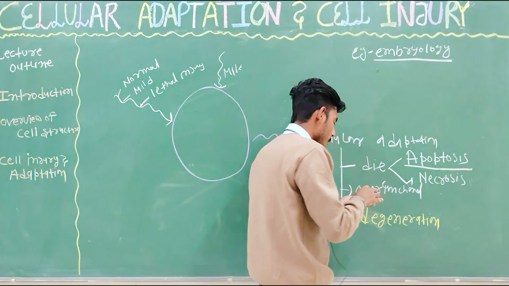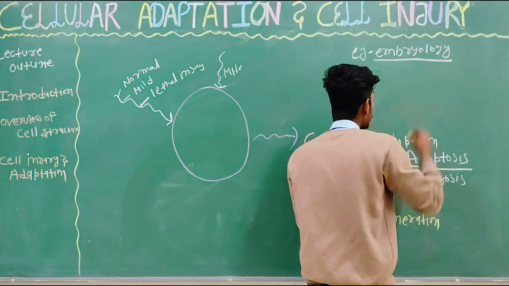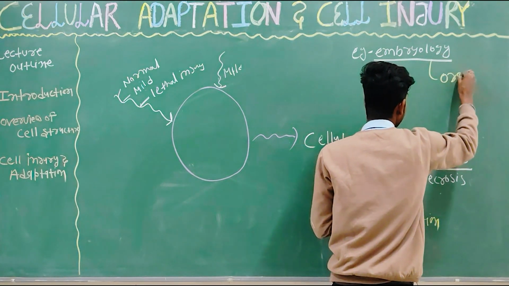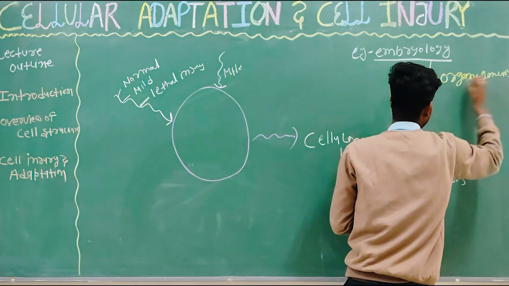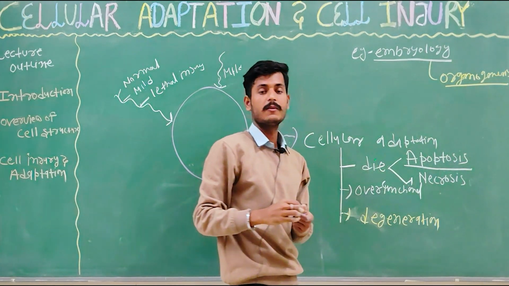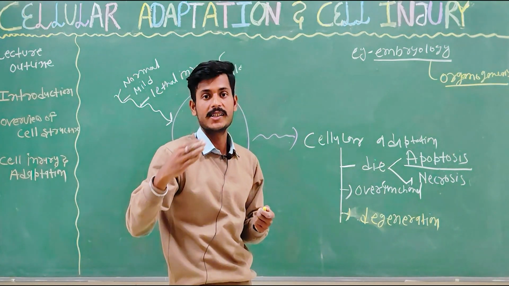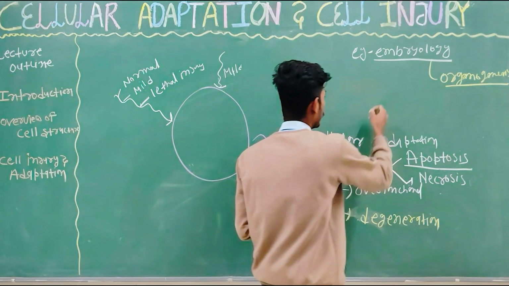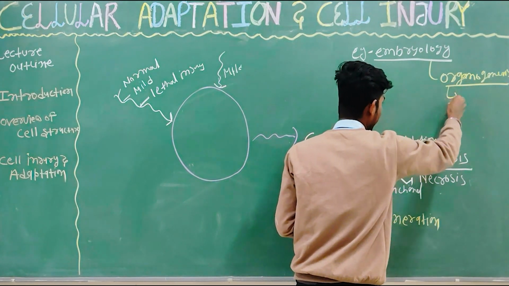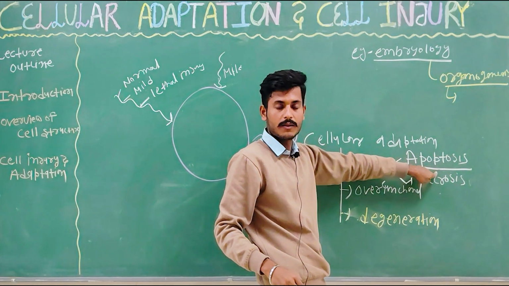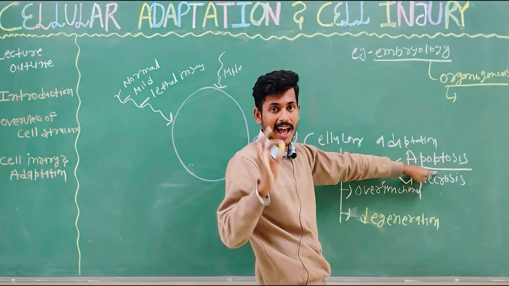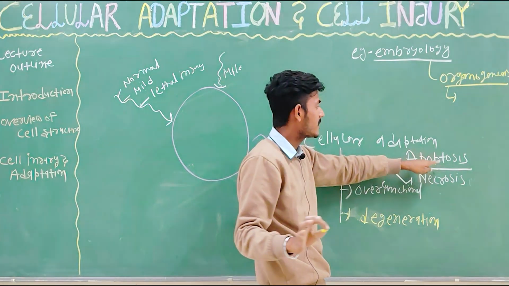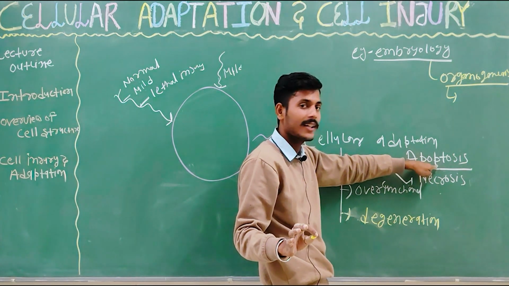So during the formation of organs, during the organogenesis time period, we need elimination of certain cells. For that elimination, apoptosis is done. It is basically a cell's suicidal process.